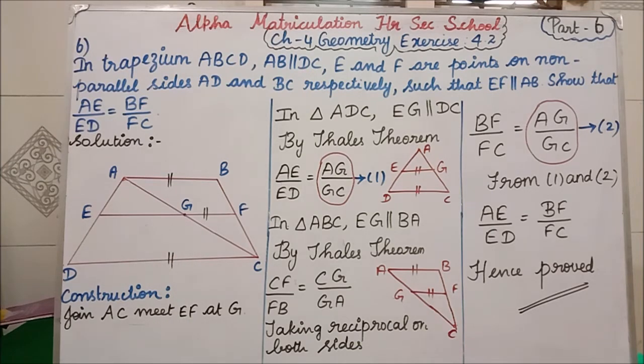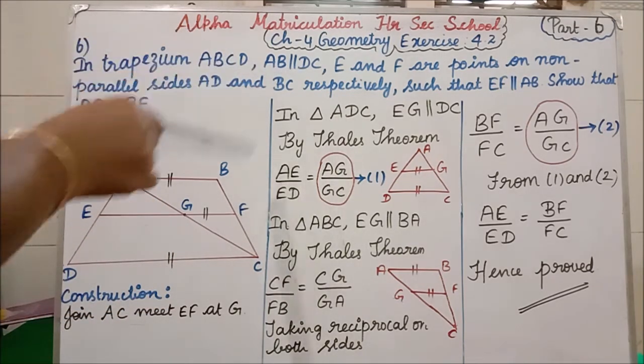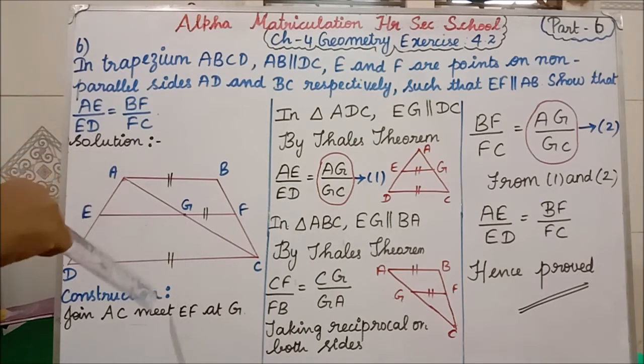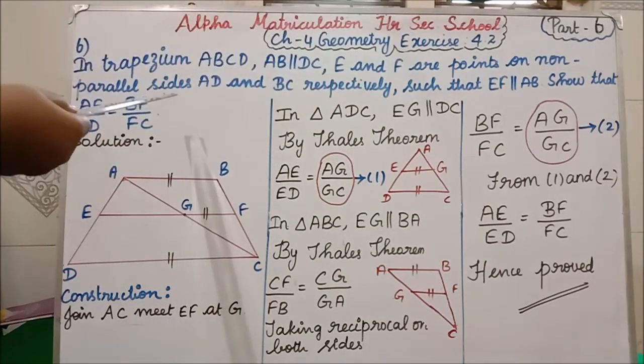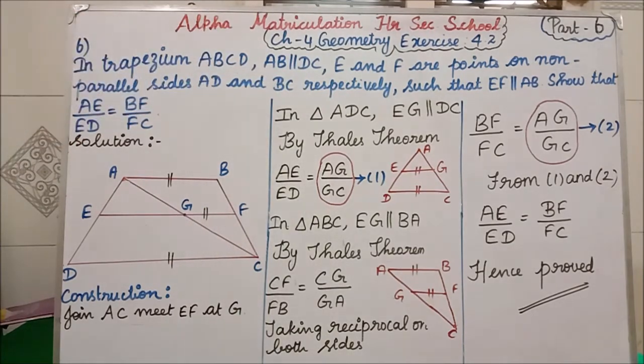What they are saying in the question, in trapezium ABCD, I have drawn ABCD. In that they are saying AB is parallel to DC. E and F are points on non-parallel sides AD and BC. This is AD and this is BC. These two lines are non-parallel.